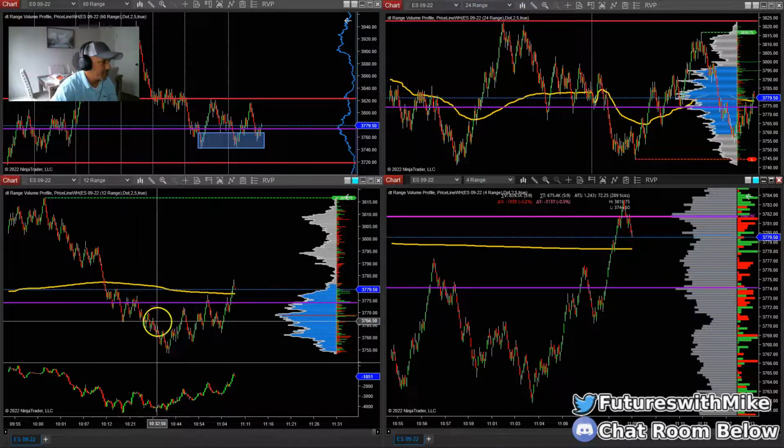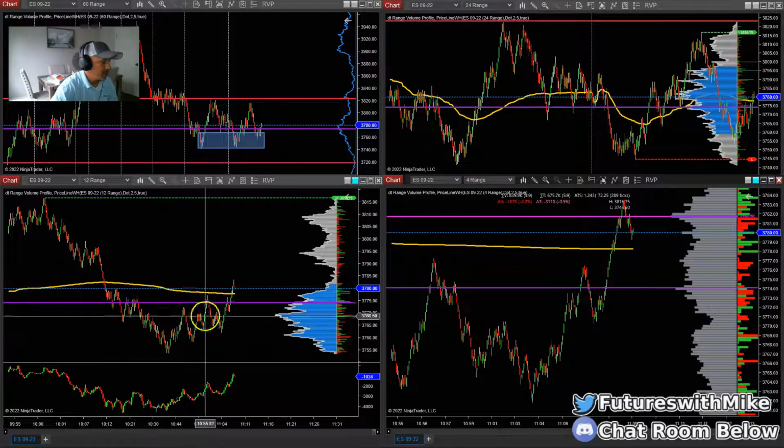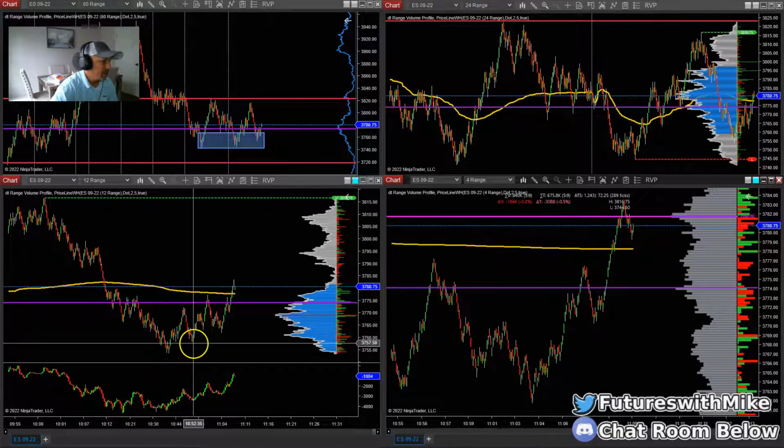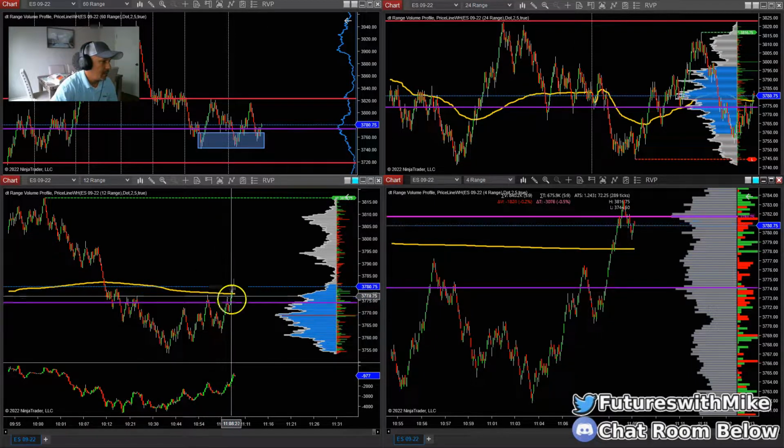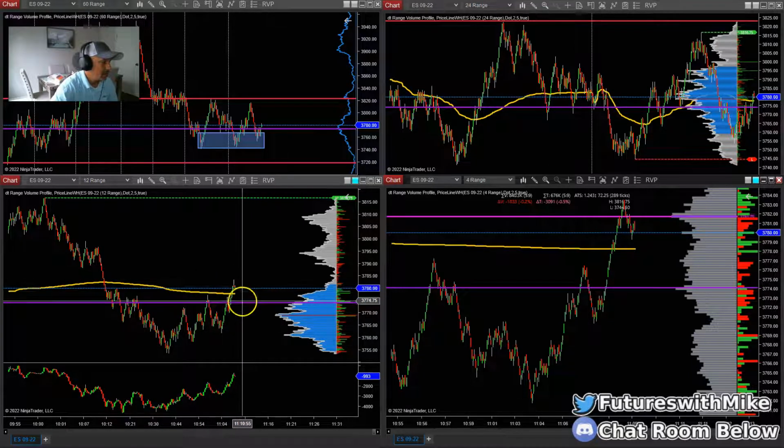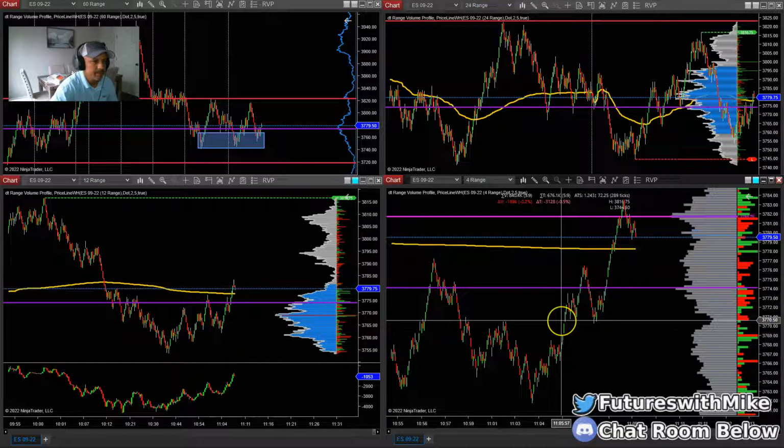Yeah, it's taking out structure. It just pushed to the upside. So I made a high here, higher low, higher high, higher low, higher high right now. So we're going to pull back.